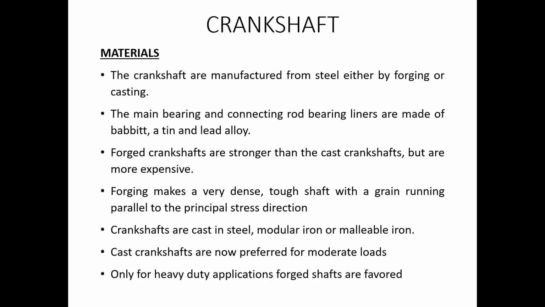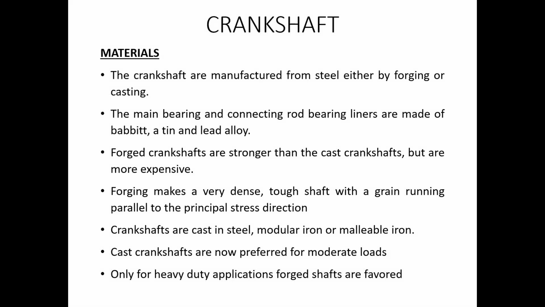The forging process deforms the grain structure of the material and makes it much stronger. So that is the advantage of forging. Forged crankshafts are much stronger than the crankshafts that are made by the casting process. But forging is a bit expensive, so forged crankshafts are more expensive.